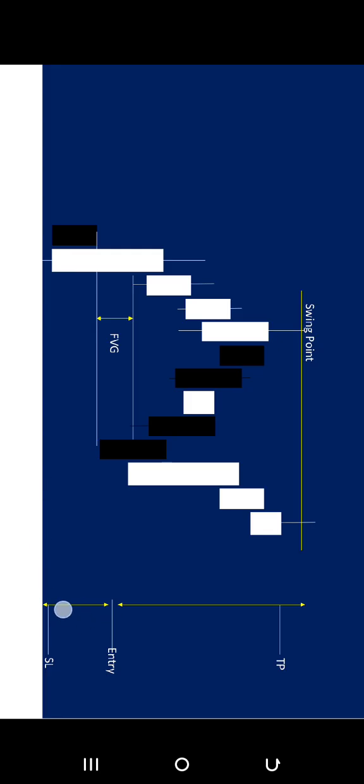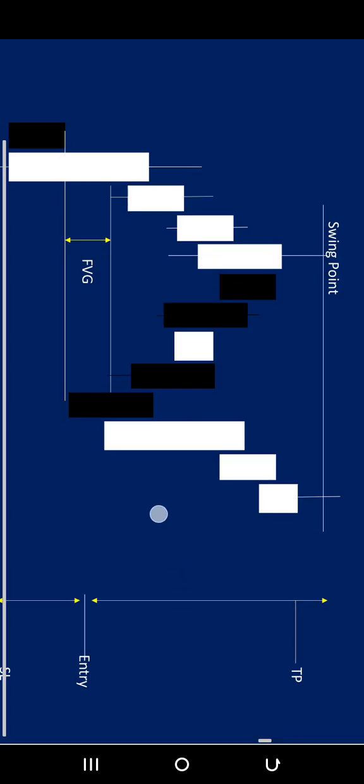Now you just target your 1 to 2. 1:2 is more than enough to make you super rich. It is more than enough to make you your $20,000, $50,000, and all of that. Okay, 1:2 is fine. Now, as price is going, you would have been out of the market in profit here before this swing point rejects the price.